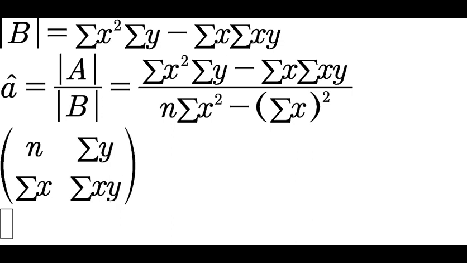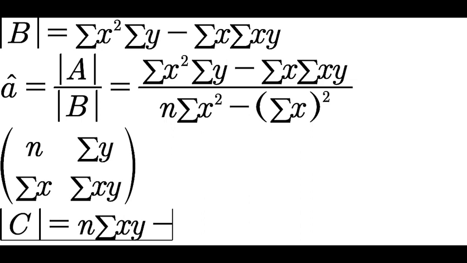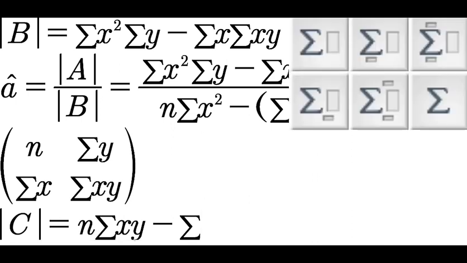So let's call this matrix C. Its determinant becomes n times summation xy, so we shall have n summation xy minus summation y times summation x, which gives us summation x summation y.